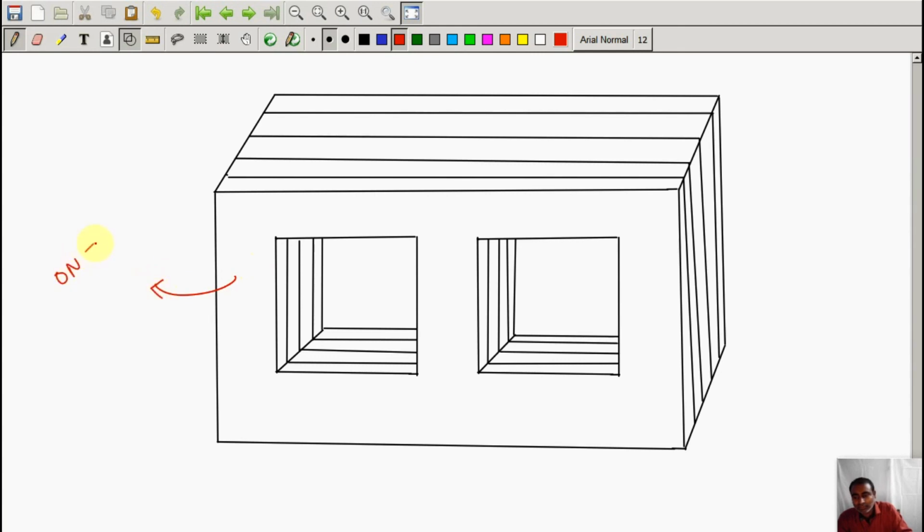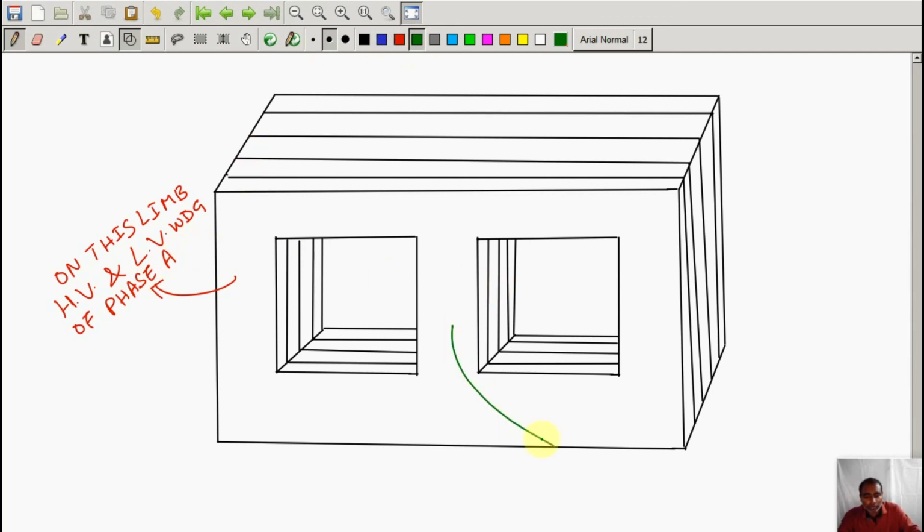On this limb, what will be placed? HV and LV winding. I am writing WDG as the short form for winding. On this limb, the HV and LV winding of phase A will be placed.